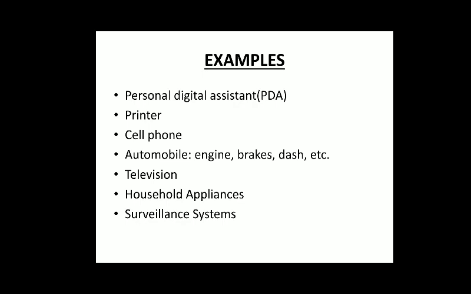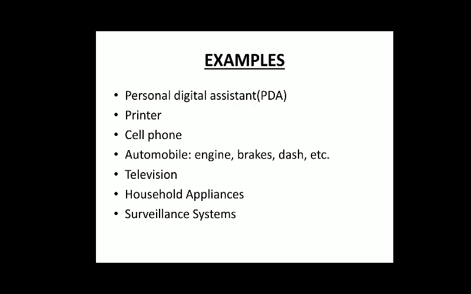The television in your home or set-top box also includes a microprocessor and is an embedded system. Your household appliances like microwave oven and washing machine all have processors in them. So these are examples of embedded systems.